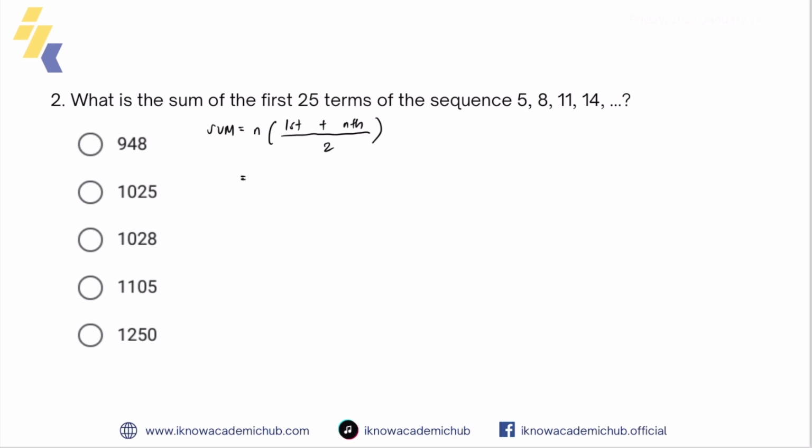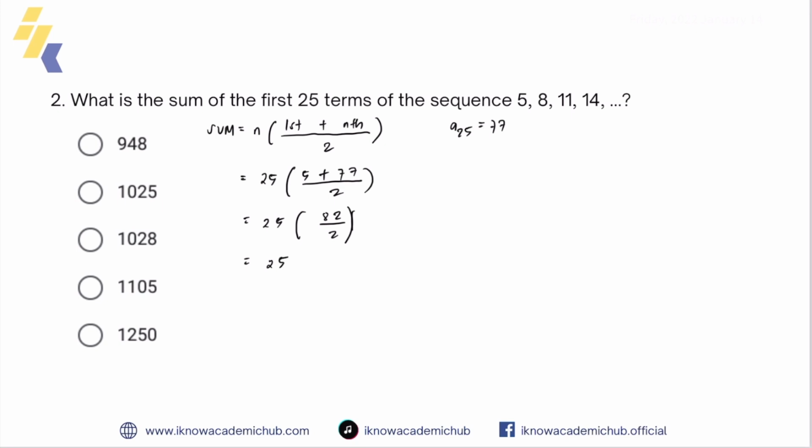So we have 25 terms, and the first term is 5 plus the nth term. Remember that we got 77 in question number 1. So we have here 25 times 5 plus 77, which is 82, over 2.